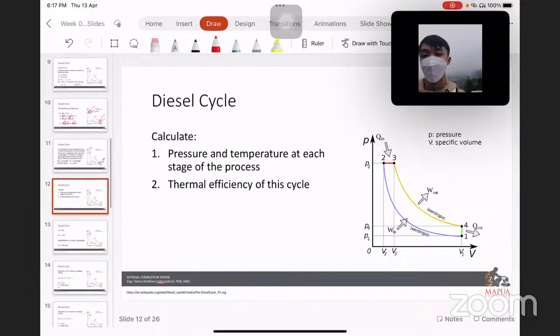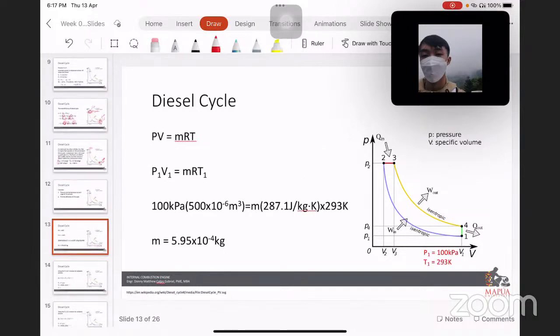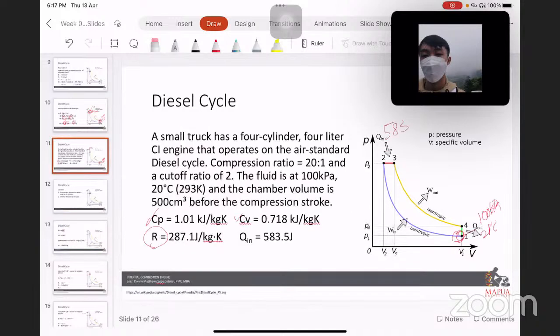So let's start. First, meron tayong P1 at T1. Ito yung given kanina sa problem. To be able to makuha yung mass o yung amount of air-fuel mixture na meron tayo dito, ginamit natin yung PV is equal to mRT. Given yung R, given yung T, given din yung V. Yung V sinabi dito na 500.